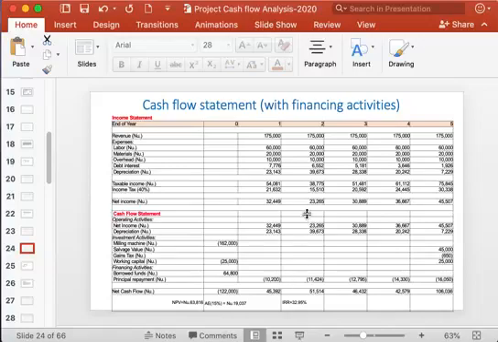The interest charged will be 12% of that, which gives you 6,552.